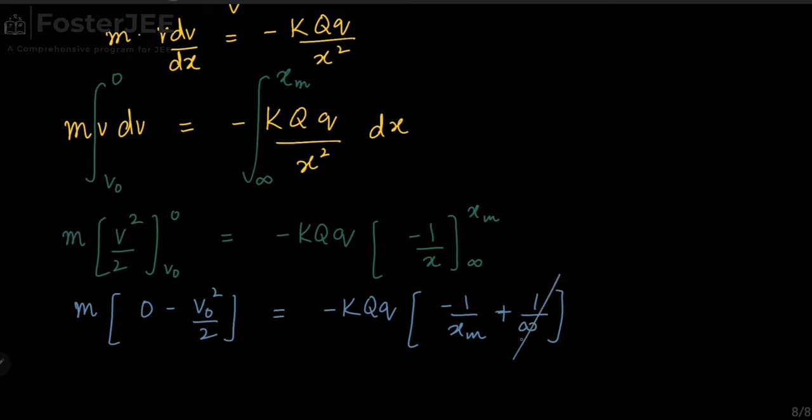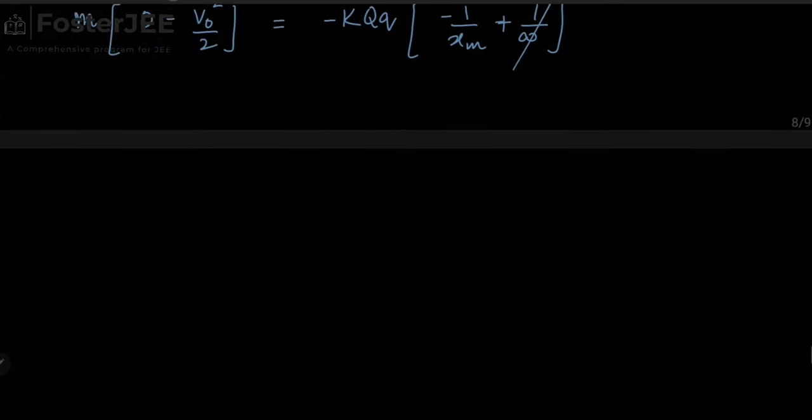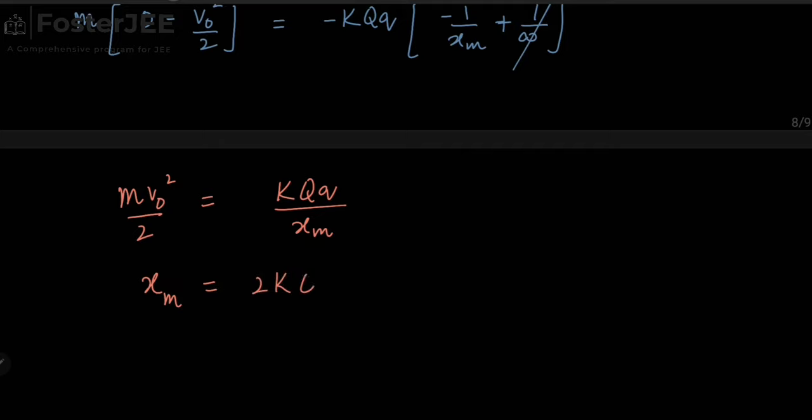Since 1 by infinity is 0, our equation becomes m v naught square by 2 equals kqq upon xm. From here we get xm equals 2kqq upon m v naught square.